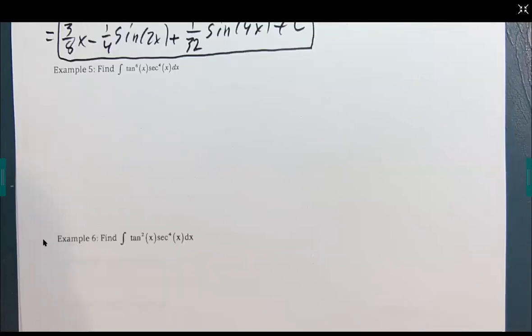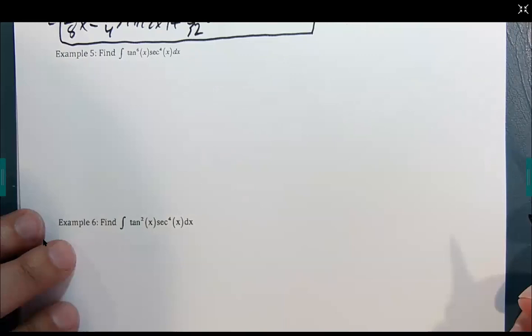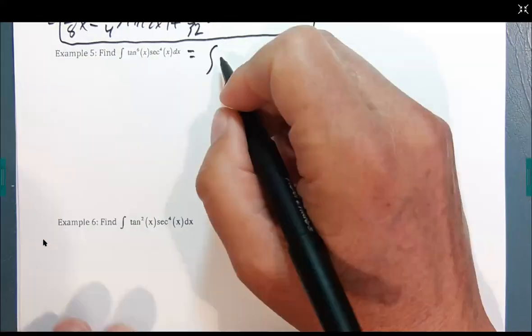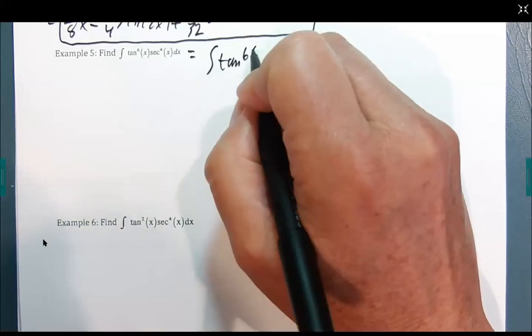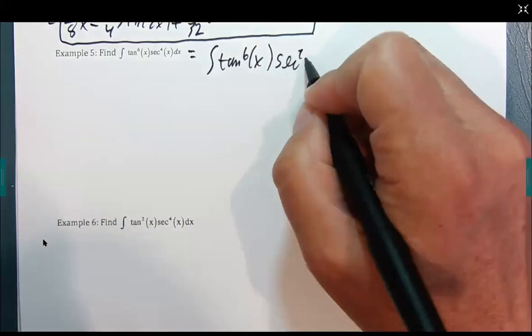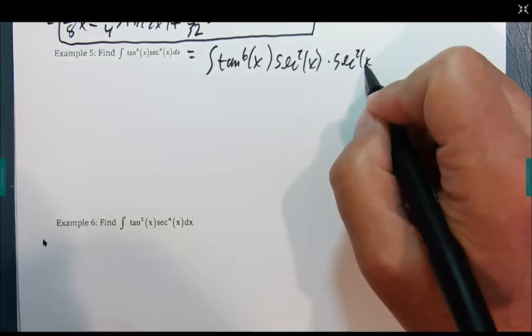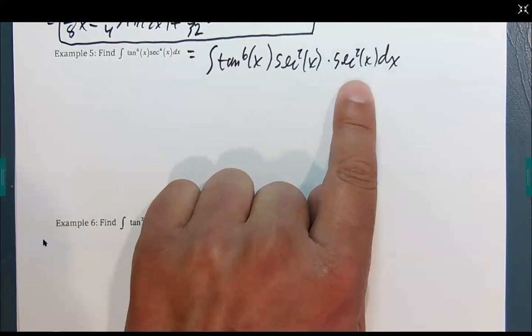All right, now we're to tangent and secant. And if we look back at our derivatives, we can see that I can rewrite this as the integral of tangent to the 6th secant squared x times secant squared x dx. I'm going to recognize right away that that is the derivative of tangent, secant squared.